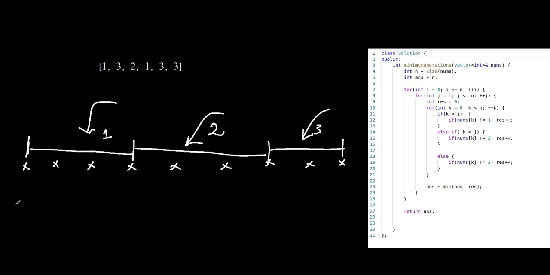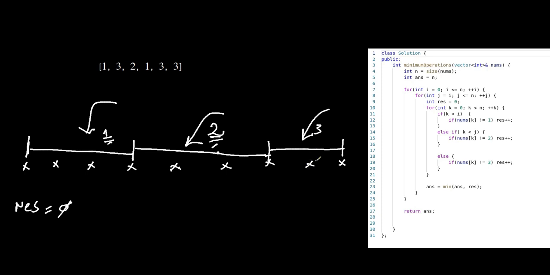To do that, let's say we have a counter initially equal to 0. We check every element in the first segment. If it doesn't equal 1, we just increase the counter, and the same for the second segment. If an element in this part doesn't equal 2, we increase the counter, and the same for the third segment.